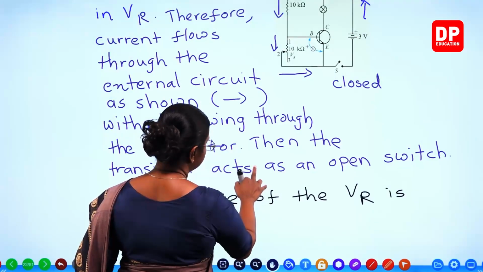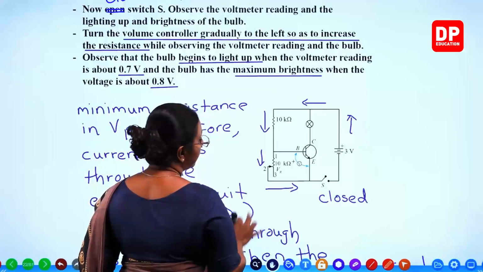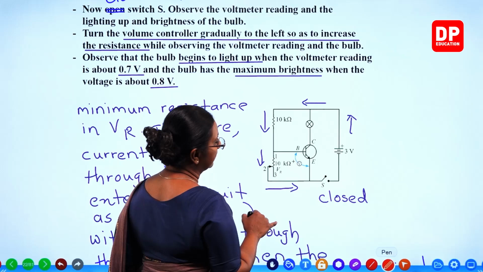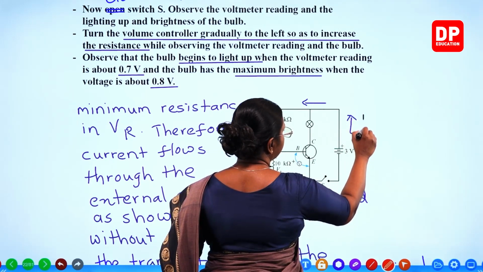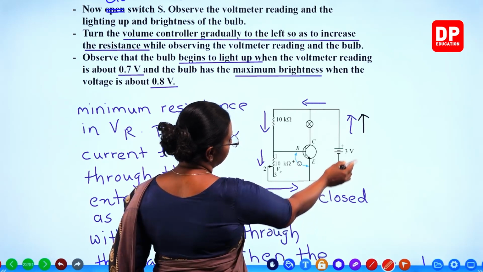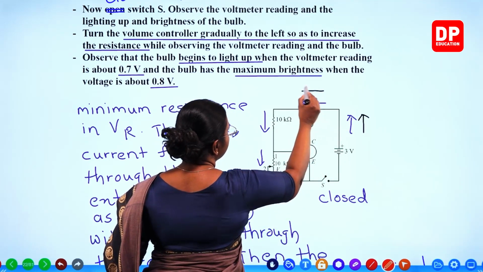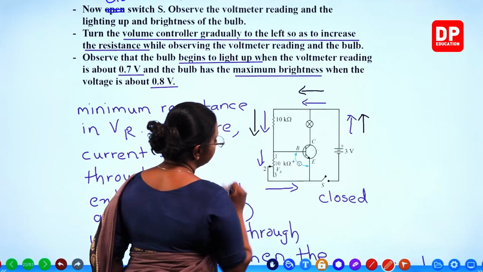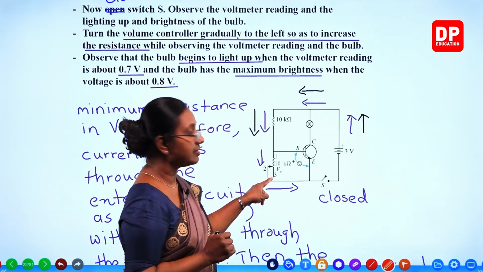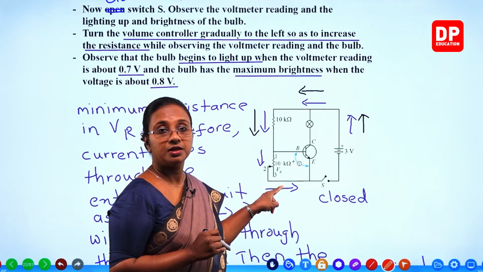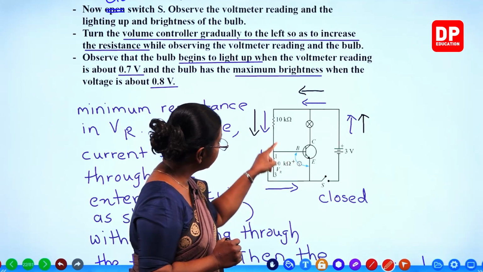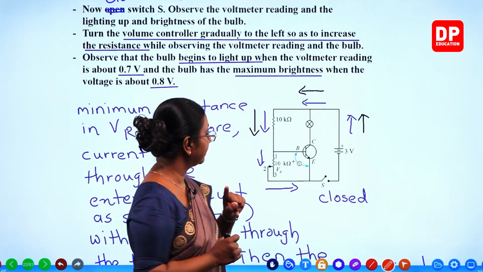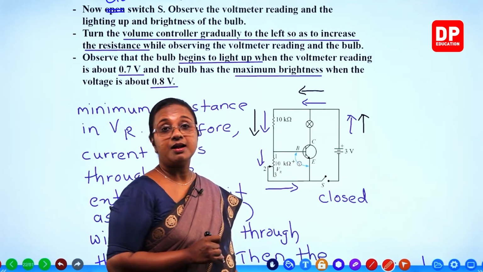If we look at the circuit, now also this switch is closed, the circuit is completely connected, then there will be current flowing this way, starting from the positive terminal of the battery, flows this way also. But at this point, now we have increased the resistance of the volume control. So what happens is, the resistance of the external circuit is now greater than the transistor.